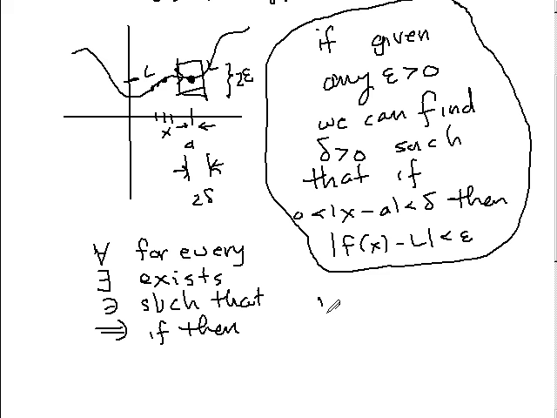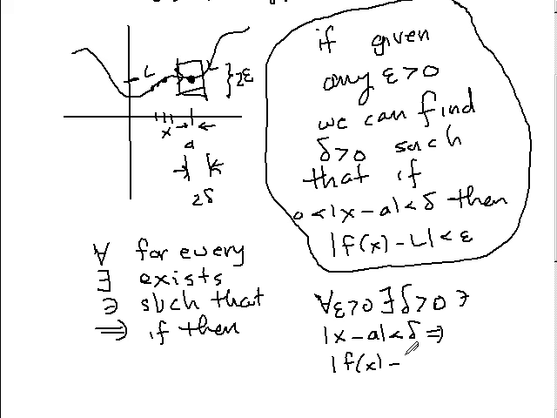Mathematicians often write this limit definition as: for every epsilon positive, there exists a delta positive such that if |x minus a| is less than delta, then |f(x) minus L| is less than epsilon.